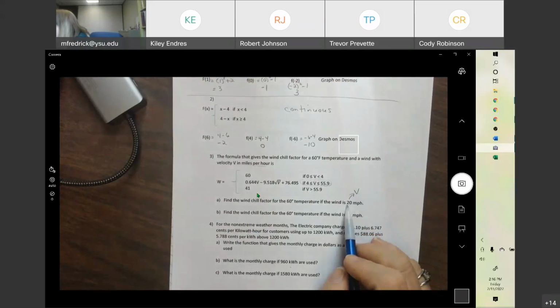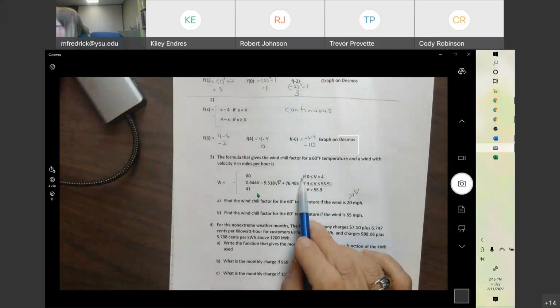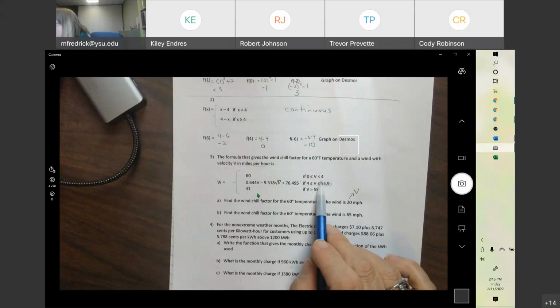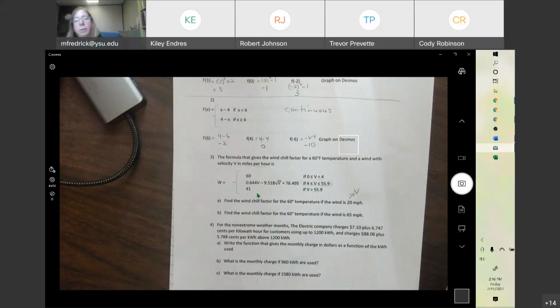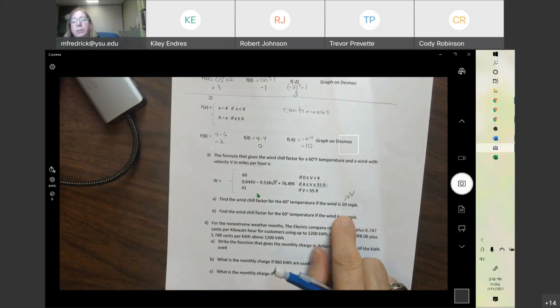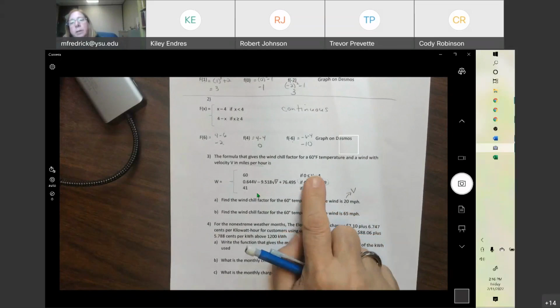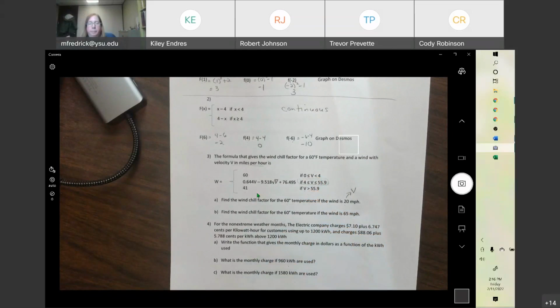So if v is 20 miles per hour, we need to decide whether to use the top, the middle, or the bottom row. So if v is 20, would we use the top, middle, or bottom? If you don't want to say, type it in the chat. Anyone?